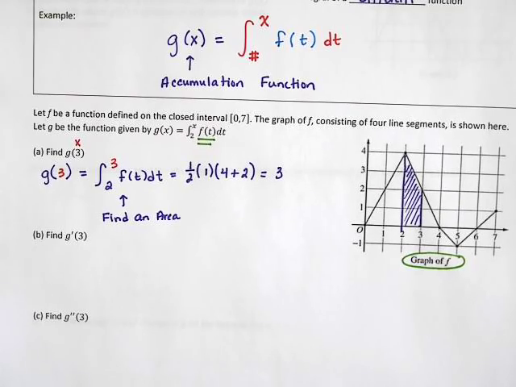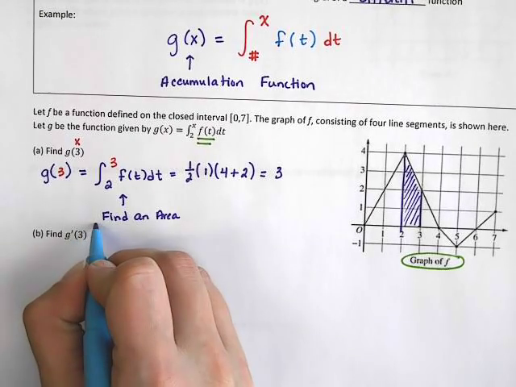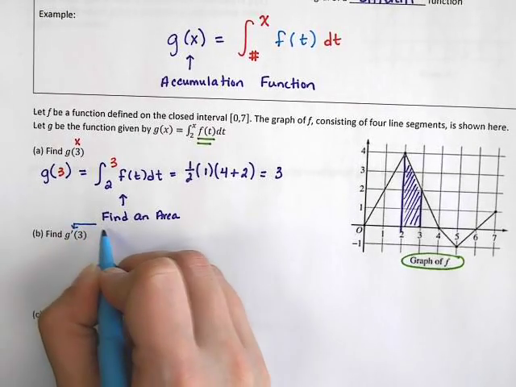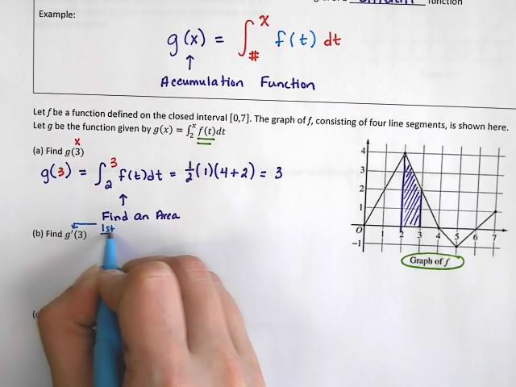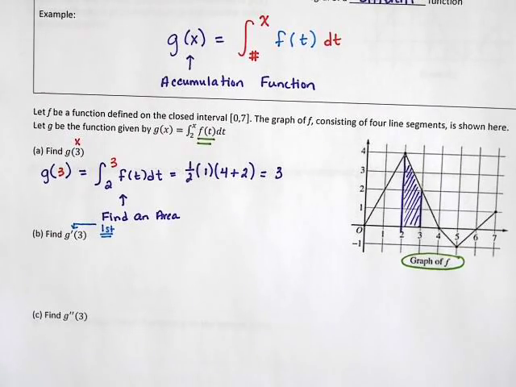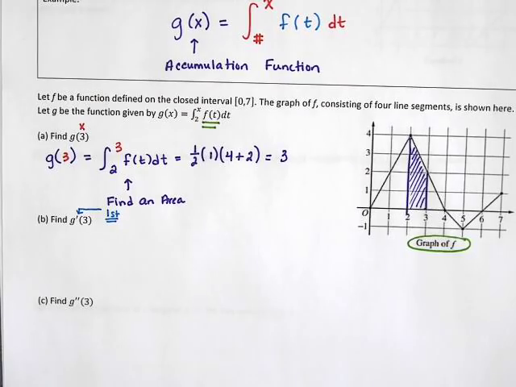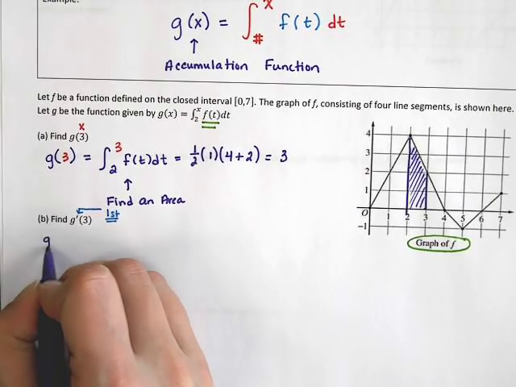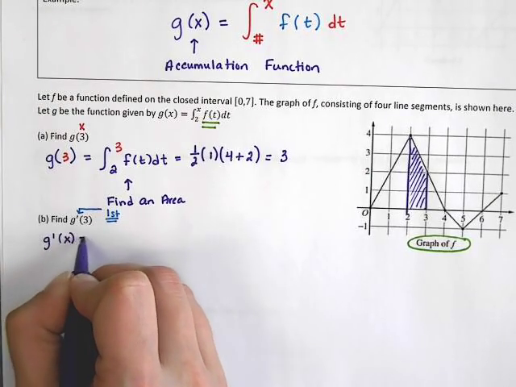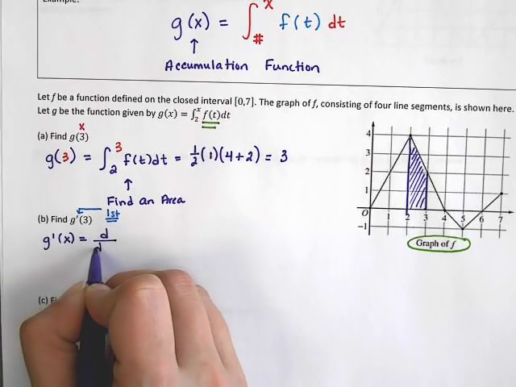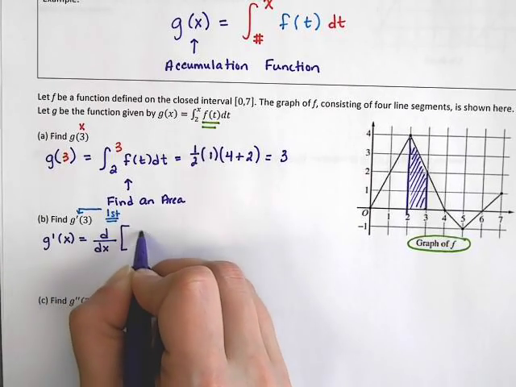Next, in part B, it says find g prime of 3. Now there are really two components to this question. I need to first figure out g prime before I can plug in the number 3. So let's work on that part first. To find g prime of x, I am going to need to take the derivative of this integral.